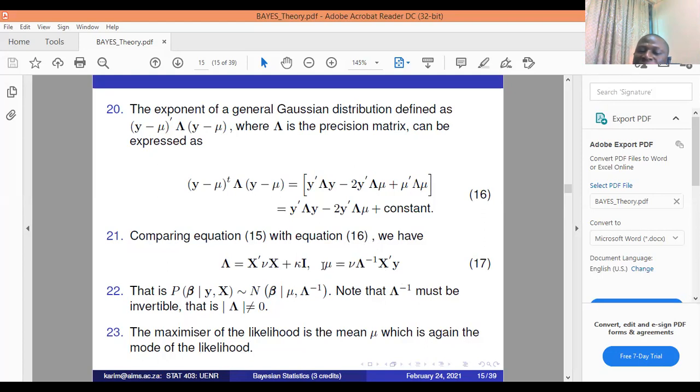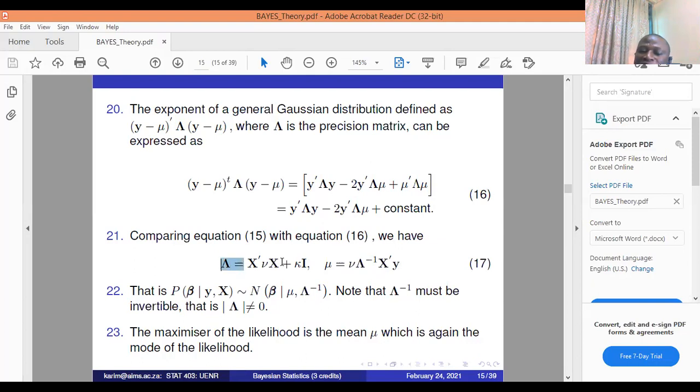So now we have the posterior mean to be the precision matrix multiplied by, so this is the precision matrix for the data, multiplied by the precision matrix for the prior, multiplied by the X transpose and the response variable.